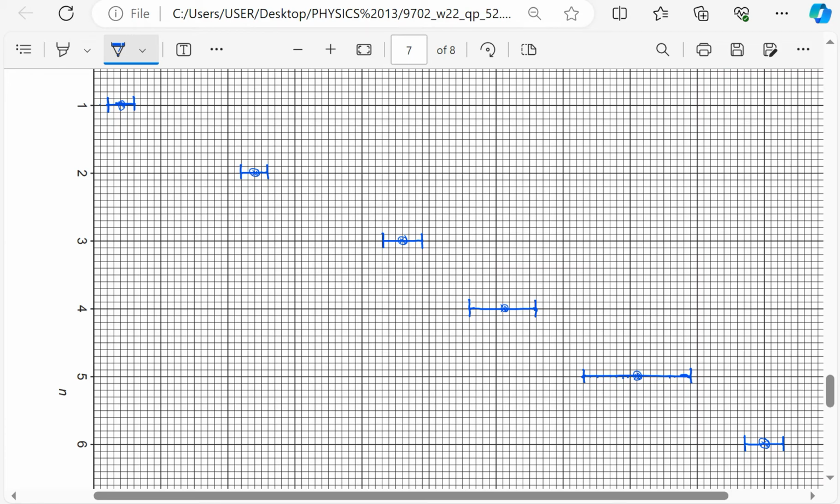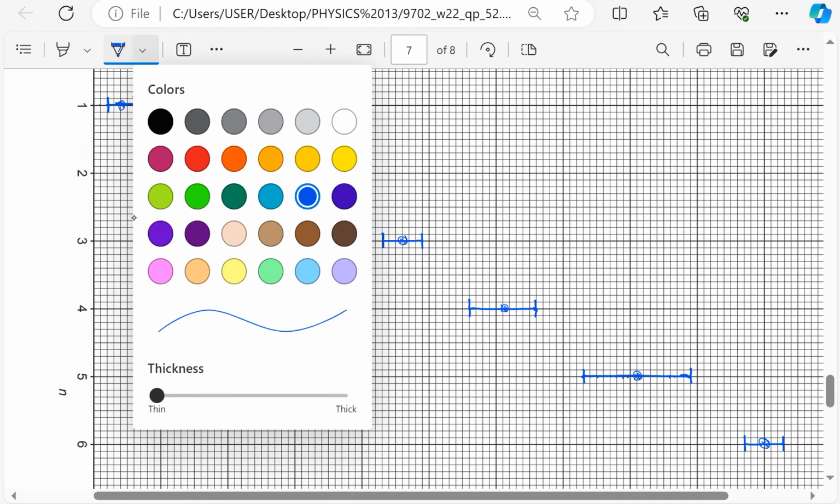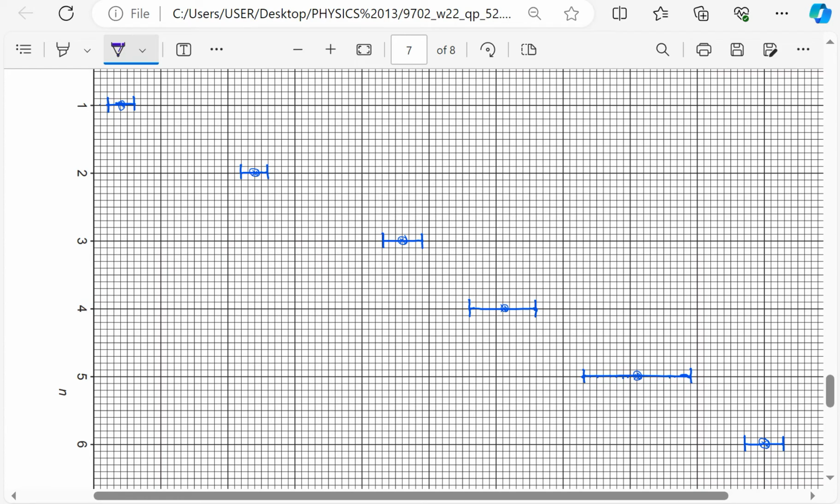Okay, so let me change the color to, okay, let me use this. Dark blue. So for the line of best fit, I must balance the points.